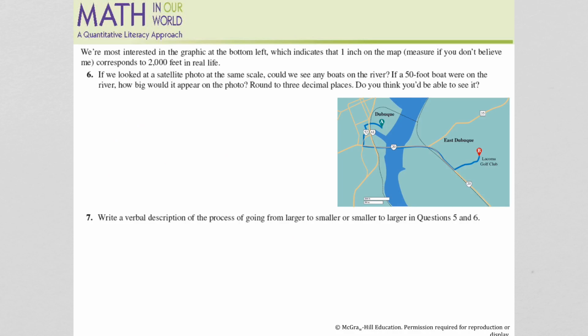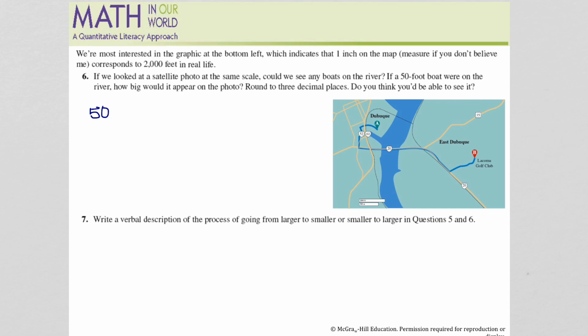If we look at a satellite photo in the same picture, could we see any boats on the river? Let's say we have a 50-foot boat on the river. How big would it appear in the photo? And do you think we could see it? So it's going to get smaller, right?